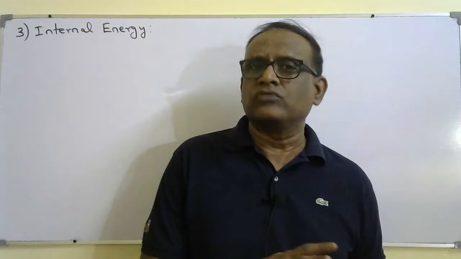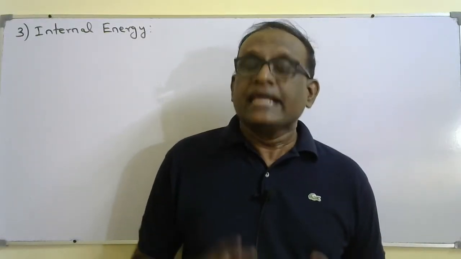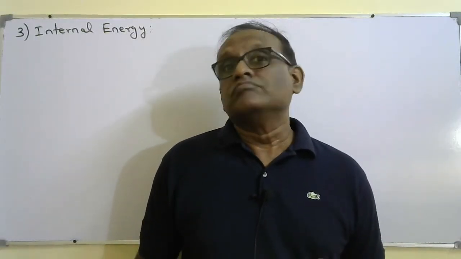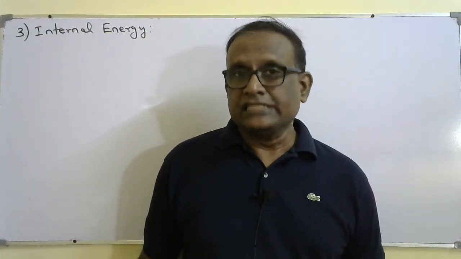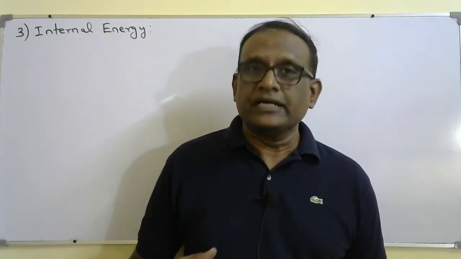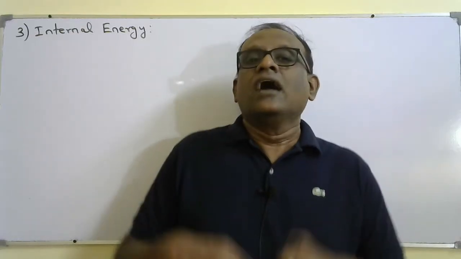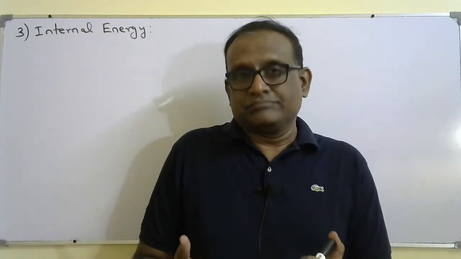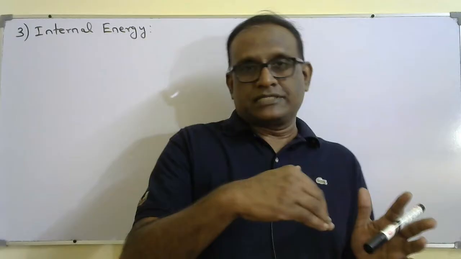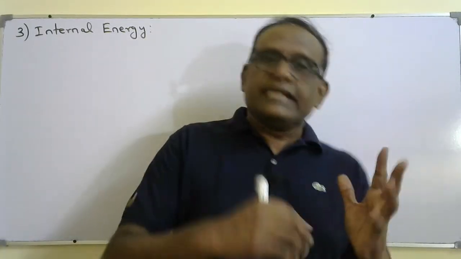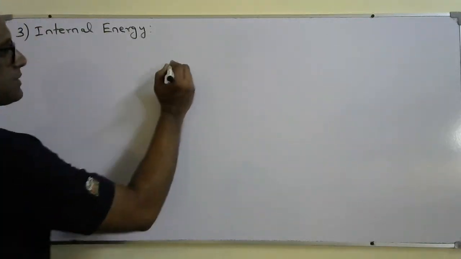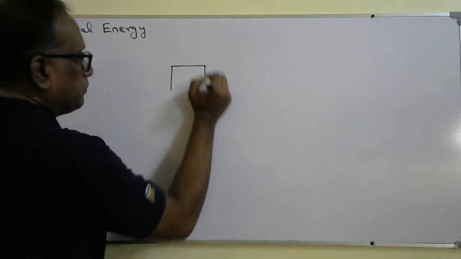I already defined what temperature is. Temperature indicates the average kinetic energy of the particles. So whenever you increase the temperature by transferring heat to the substance, you know that. Say there is a substance, maybe a metal block.